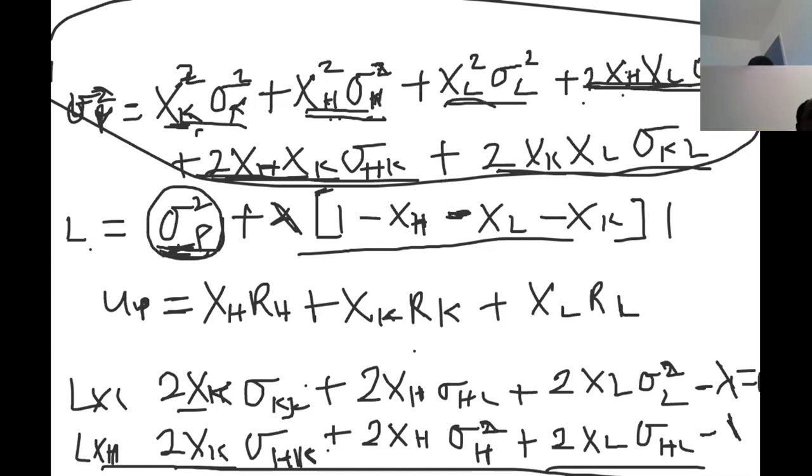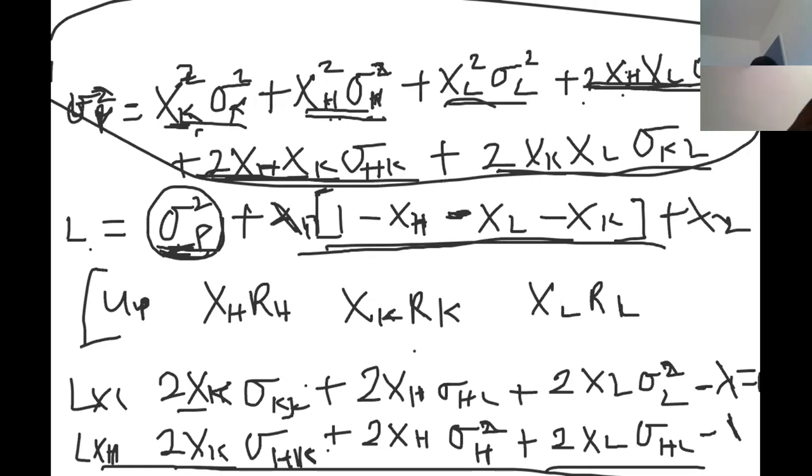Imagine if we had been given the portfolio return in this case, then I would just have added lambda 2 into brackets mu minus the return. So it becomes minus this, minus this, minus this, right?